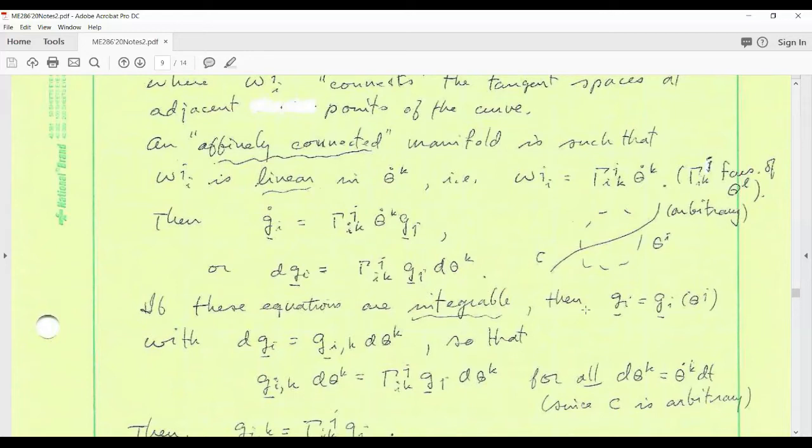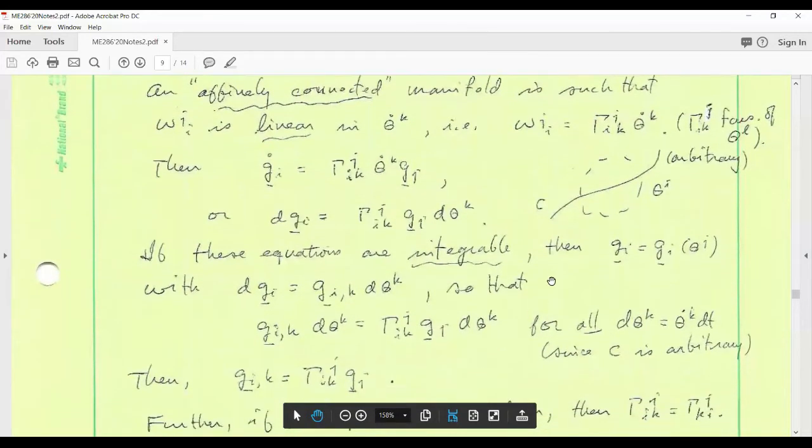So if these equations are integrable in the surrounding space, then the dg's are just given by the partial derivatives of the g's as function of the coordinates times the d theta k's. And so the left-hand side of this equation becomes just simply this.